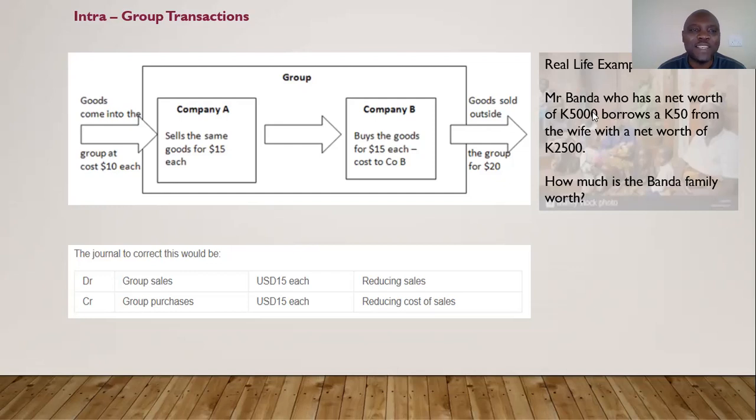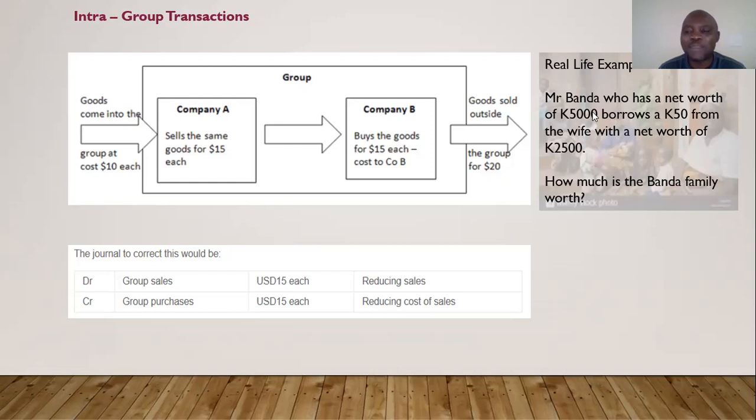Here, it means that company A has already recorded a profit, which is basically unrealized if B doesn't sell these goods to the outside world.